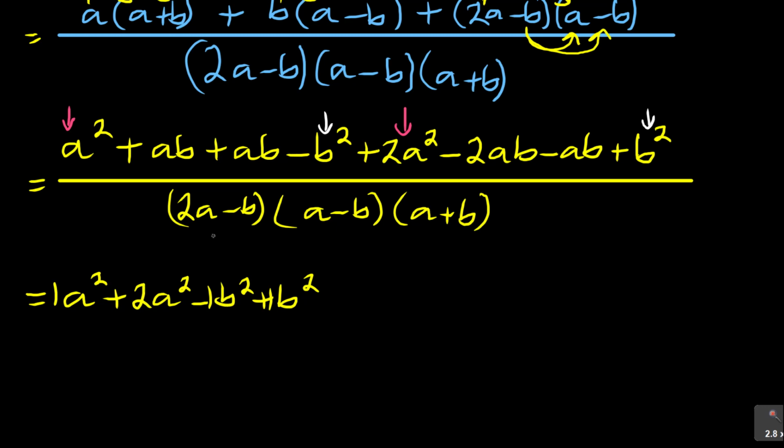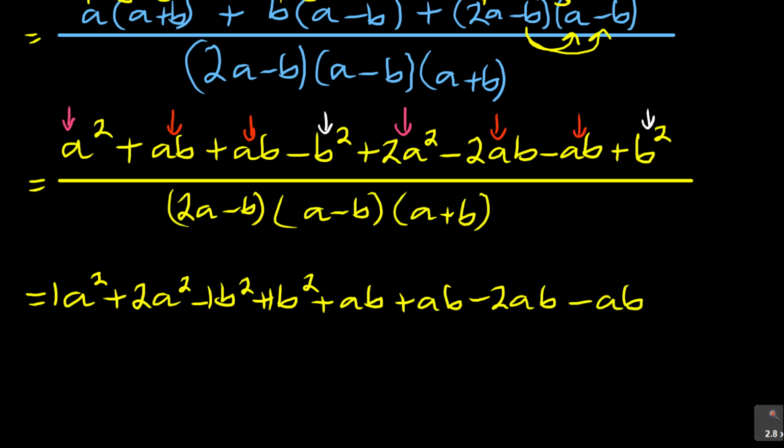Let's look at the next one, which is our ab. There is my ab, there is my ab. It's very important for you to do this because it makes you focus on what is similar. So I've got plus ab, plus ab, minus 2ab, and then minus ab. Are you following?